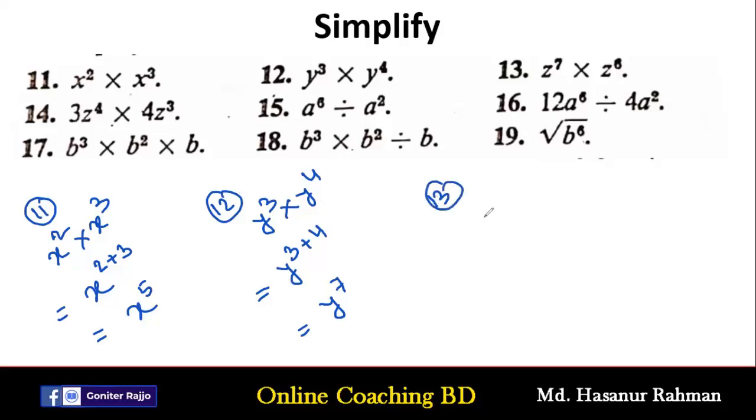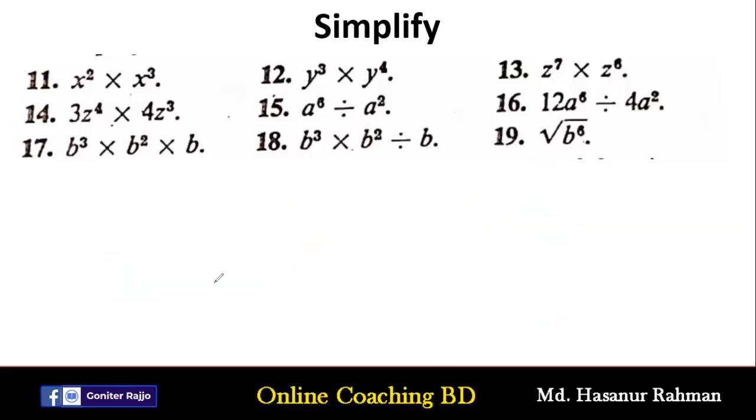Now number 13. Number 13 says z to the power 7 multiplied by z to the power 6. Now both bases are same, so we have to add the power. 7 plus 6, that will be 13. Very simple. Now number 14. Number 14 says 3z to the power 4 multiplied by 4z cube. Look here, 3 and 4 are called the coefficients.